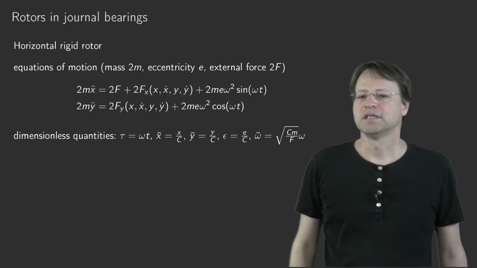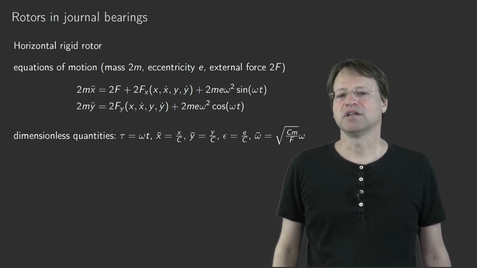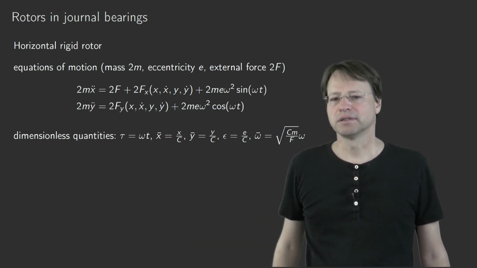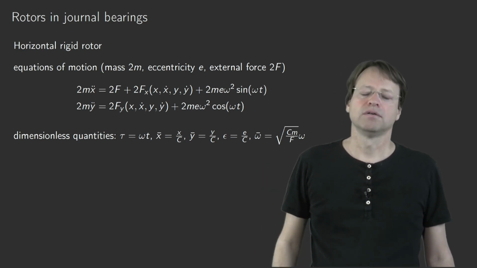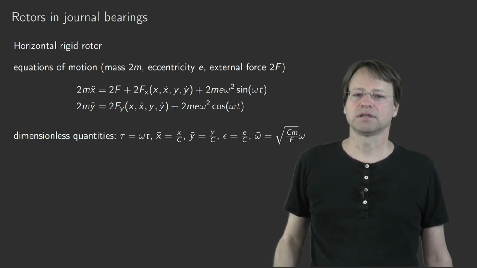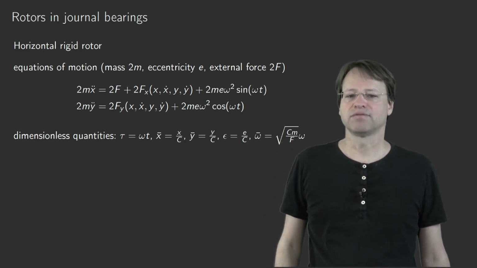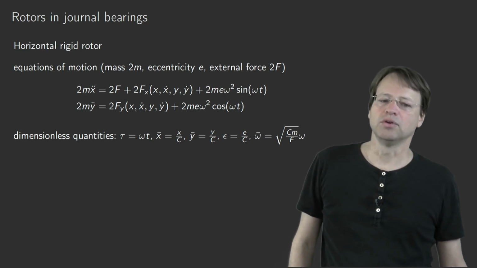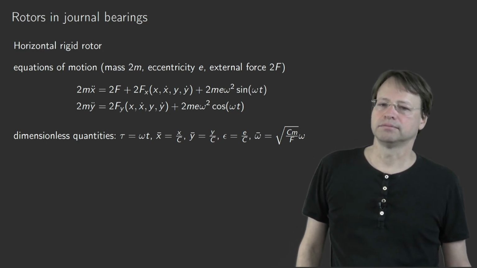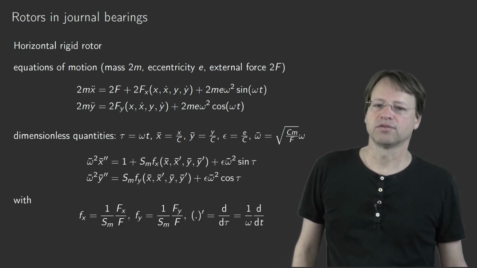And from that, E and gamma are obtained from these Cartesian coordinates. So E divided by C, and for omega, we use the classical result Cm divided by f square root omega. We will see, if we look at these equations, that this is the correct form.